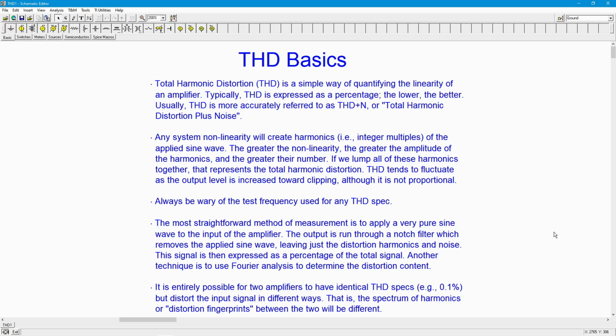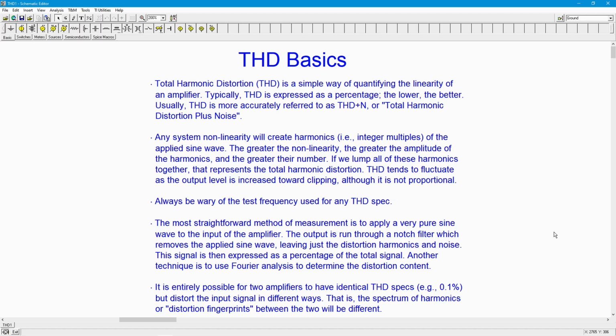So we run this through a very tight notch filter tuned to the input frequency. If I have a 1 kilohertz test tone, my notch is tuned to 1 kilohertz. Coming out of that filter, the only thing you'll have is the harmonics plus the noise.